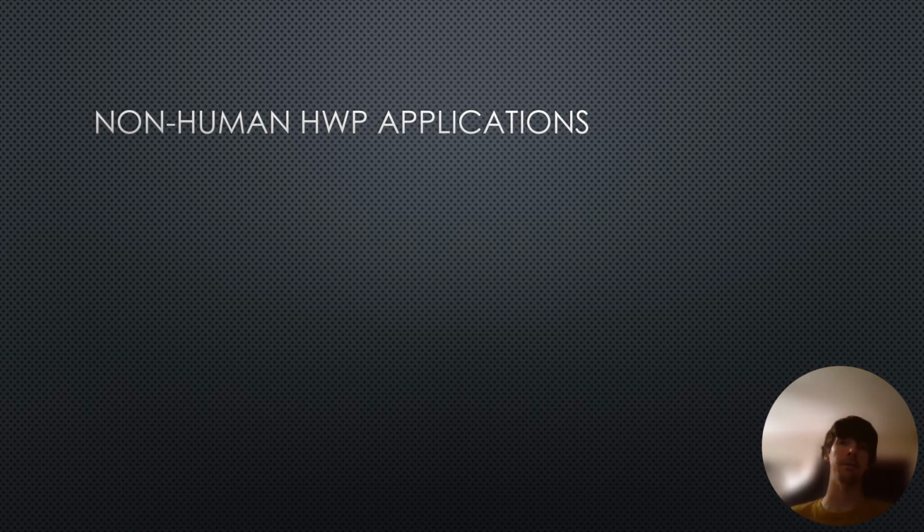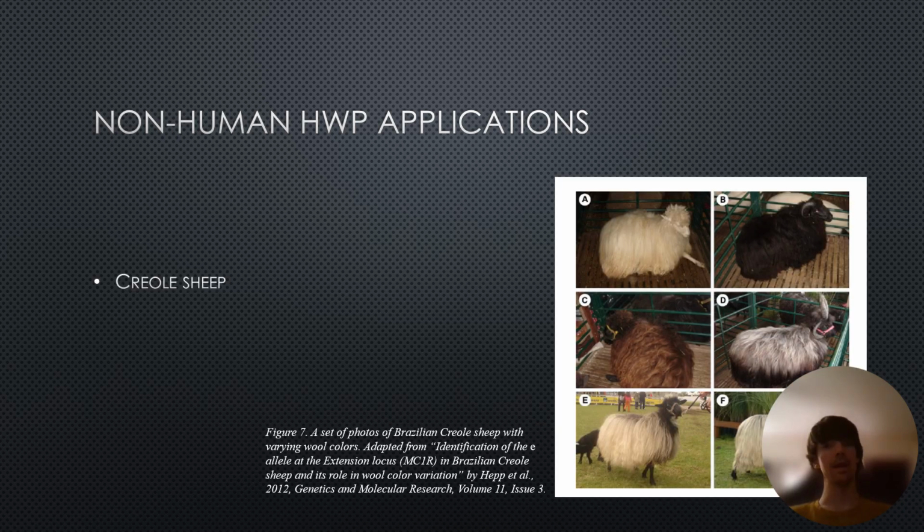Instead, I found Hep et al.'s 2012 research on wool color variation amongst Brazilian Creole sheep. From A to F, we have white, black, Creole, dark gray, and 2 photos of light gray. Granted, the HWP is only mentioned twice, but the researchers ended their conclusion by emphasizing the need for random mating to keep the variety of wool colors bountiful, which aligns with the random mating assumption of the HWP.